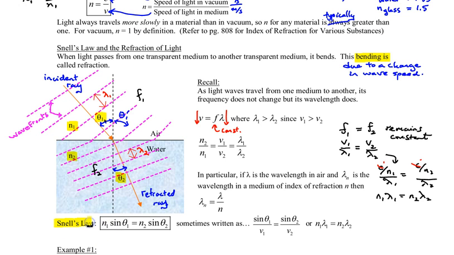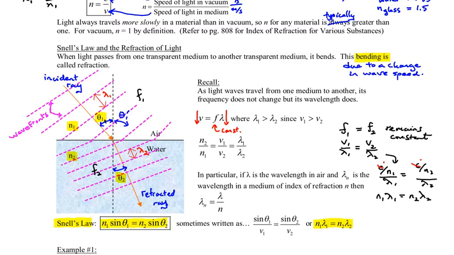And so we have Snell's law, and this is one of your AP formulas: n1 times sine theta 1 equals n2 times sine theta 2. It's also written this way in terms of velocities, and this relationship we have just derived is very helpful as well.